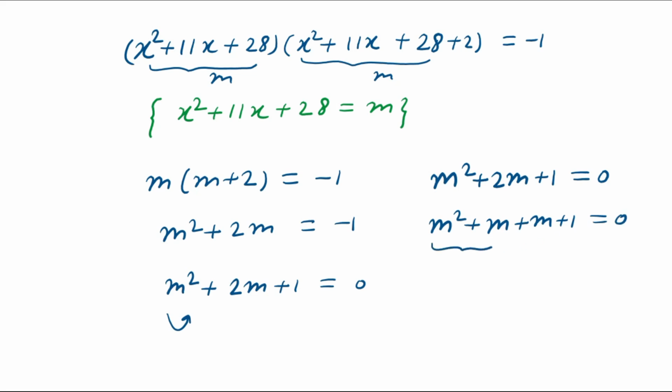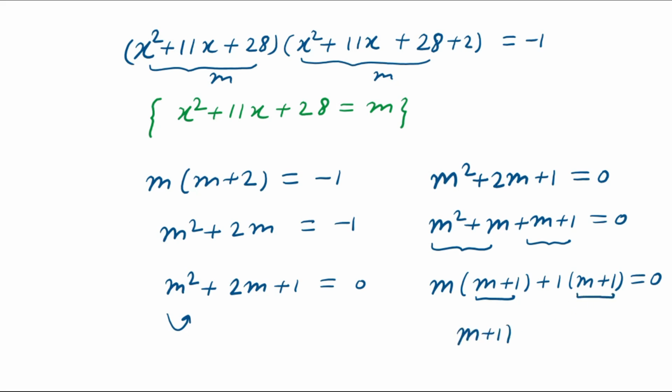Look carefully, first two terms and then last two terms. If we take common m in the first two terms, then here m plus 1, and here if we take common 1, then you will get m plus 1, and this is equal to 0. Here m plus 1 is common, then you will get m plus 1 times m plus 1, and this is equal to 0. m plus 1 times m plus 1 is m plus 1 whole square, and this is equal to 0.